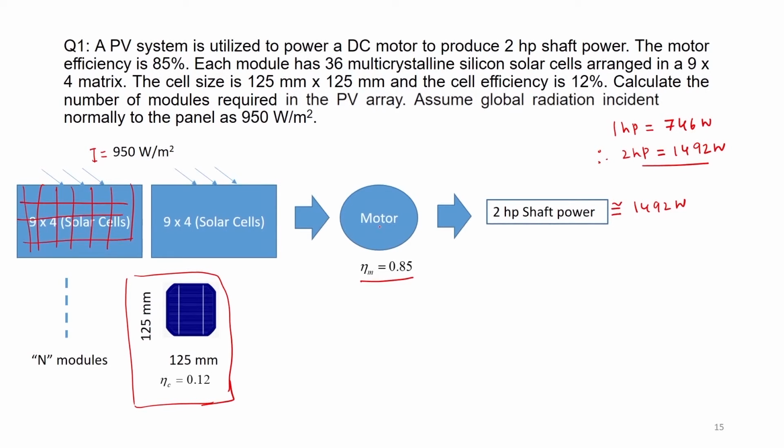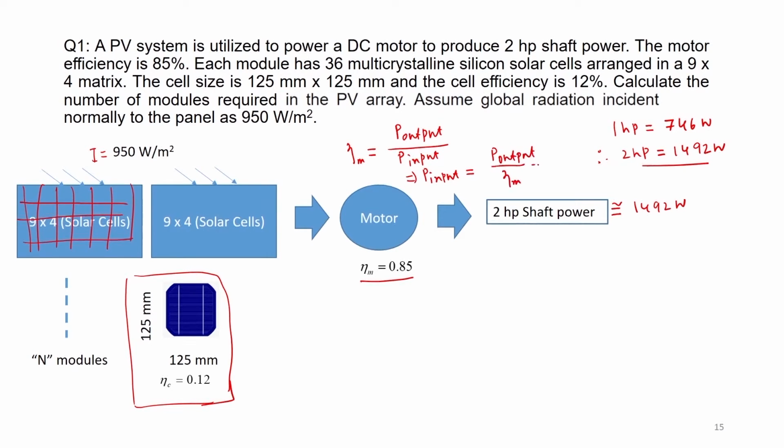So, if we write the expression for efficiency of the motor, eta m, this is power output over power input. Here we need to find the power input. So, power input is equal to power output divided by eta m.